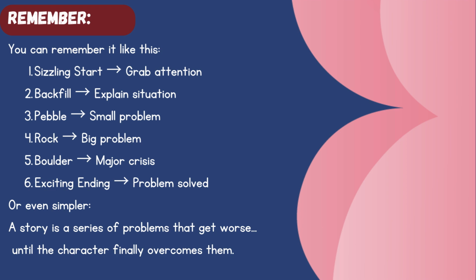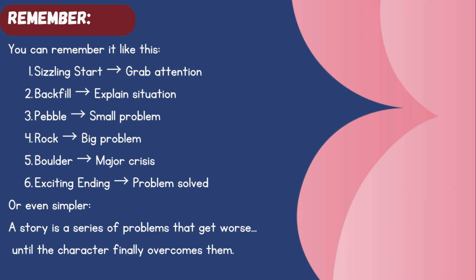I want to prune some of the thorns around writing a story. So, some common mistakes. Thorn number one: don't give too much backstory at the start. Thorn number two: you need to make sure that you have a problem that actually does escalate.